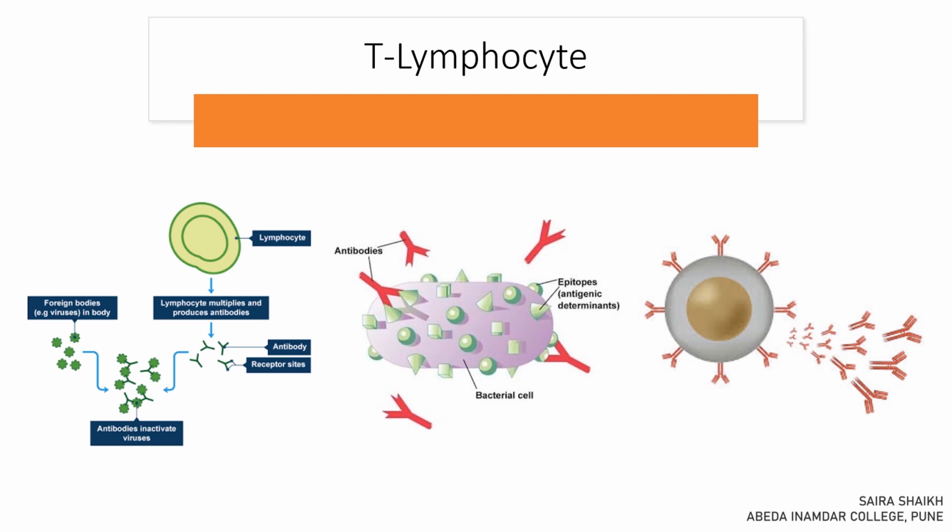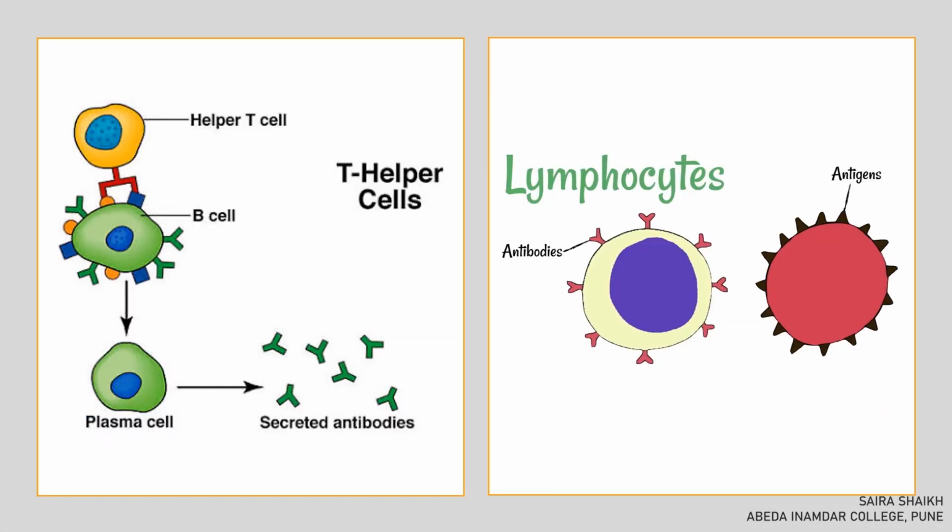Antibodies attack this antigen and neutralize it and protect our body from pathogenic attack or disease. B lymphocytes get activated by the helper T cell and produce antibodies as soldier cells. They attack the antigen and neutralize it.